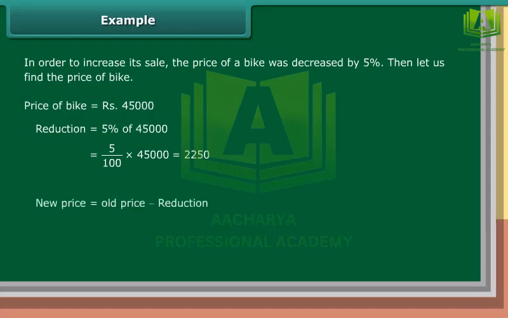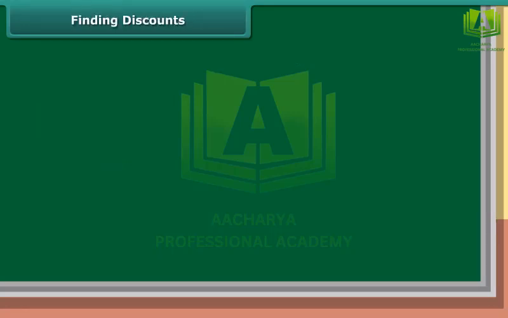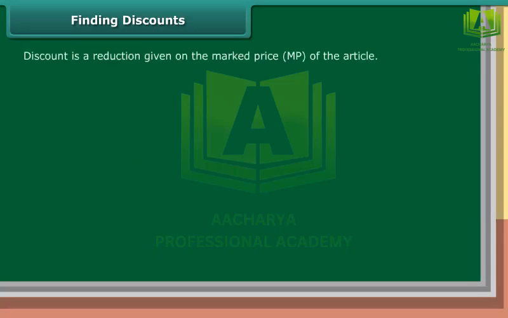New price is equal to old price minus reduction, which is equal to Rs 45,000 minus Rs 2,250, which is equal to Rs 42,750.